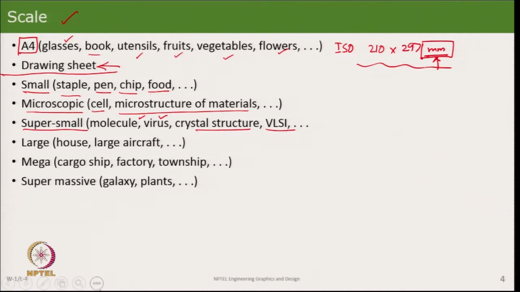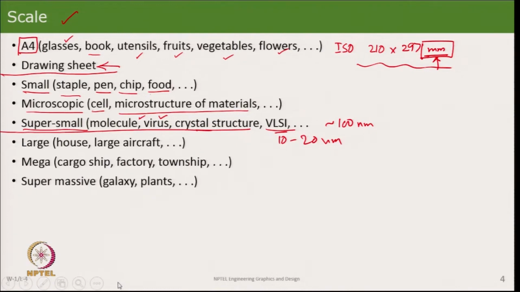So, here we have gone well below a micron, and in VLSI these days you are looking at 10 to 20 nanometer connections that are coming up. A virus is of the order of 100 nanometers. So, like this we have very small things which we would like to show in a picture.